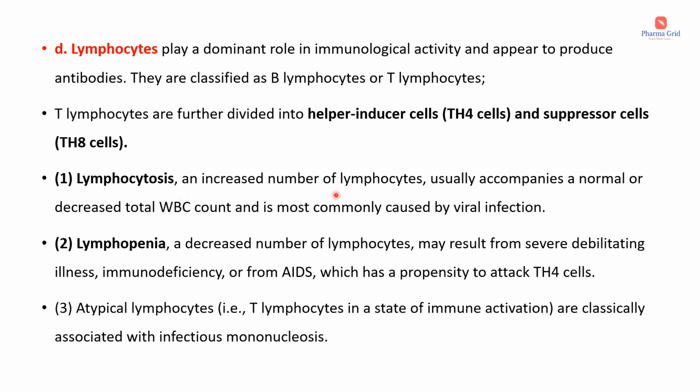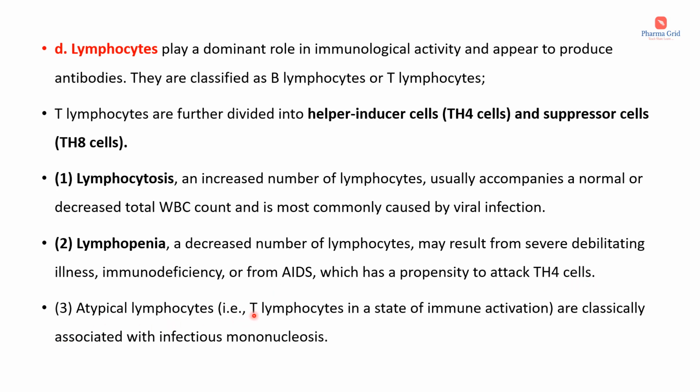Lymphocytosis means an increased number of lymphocytes usually accompanies a normal or decreased total WBC count and is most commonly caused by viral infection. Lymphopenia means a decreased number of lymphocytes may result from severe debilitating illness, immunodeficiency, or from AIDS, which has a propensity to attack Th4 cells.